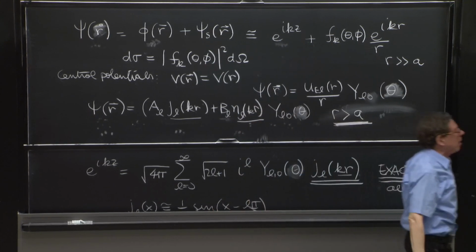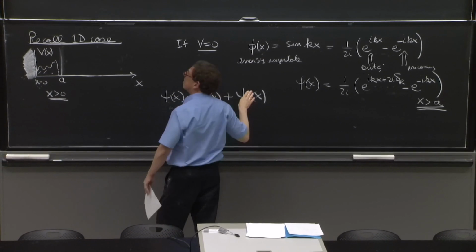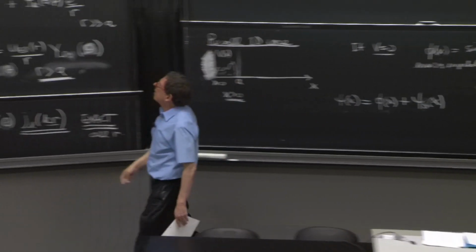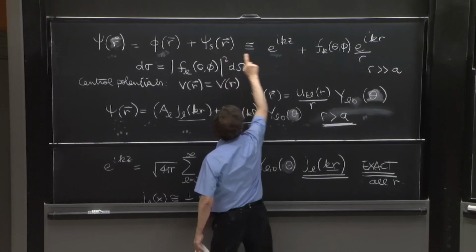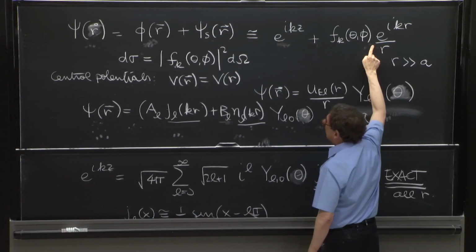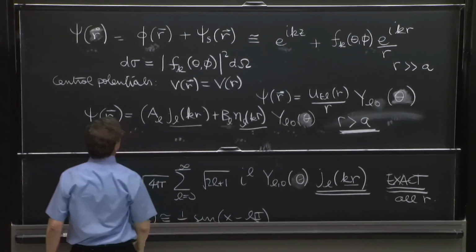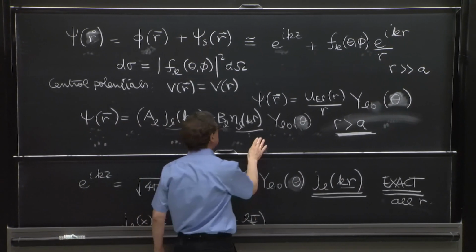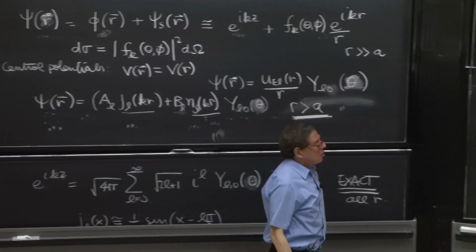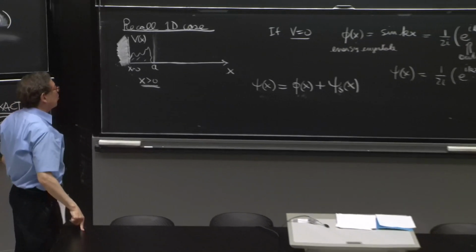Just like this one, this phi. So psi is equal to phi plus scattering wave. Here it is the scattering wave. It's purely outgoing because the incoming part is already taken care of. So a completely analogous thing. So let's solve for the scattered wave here.